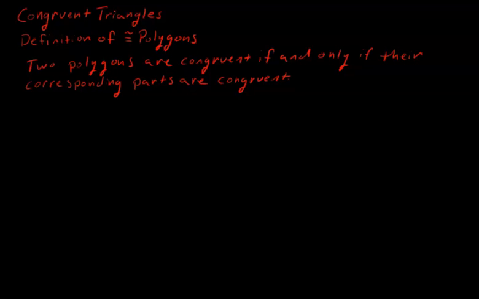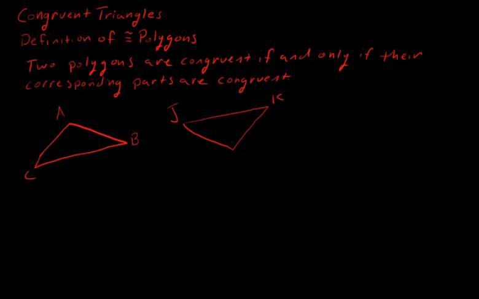So in other words, if we had two triangles, maybe like ABC and JKL, and say that we knew A and L here are congruent, B and K, and J and C. And say we knew a little bit more.